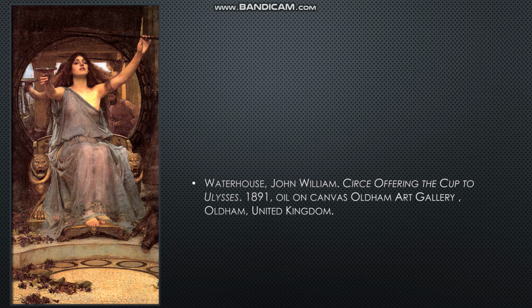Finally, Circe offering the cup to Ulysses by John William Waterhouse is another example of the negative portrayal of women. In lore, Circe is a sorceress that seduces her victims and makes them into animals through a magical drink. In this painting, Waterhouse illustrates her seductive and deceitful powers with the scene in which she offers some of her magical drink to Ulysses, a legendary hero.